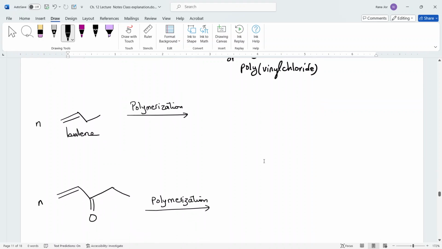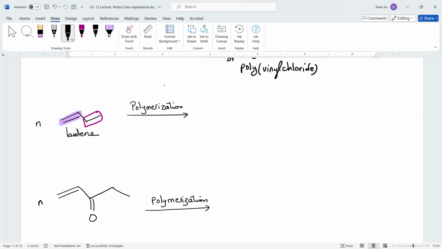Let's have another example here, and that other example is butene. So if I want to draw the polymer for butene, the polymer representation, same thing. All I care about is that double bond in there. Okay, I know that I have on the butene, I have the ethyl group.